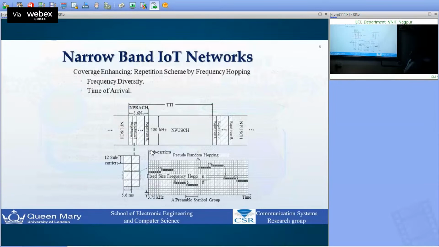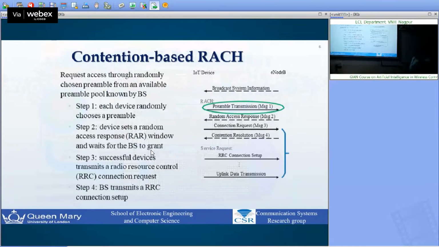This is at the MAC layer. Now, how to establish the connection: random access. These are step 1. Every device is going to choose one preamble. Once it has selected the preamble, it sets a random access response window and waits for the base station to give the grant.